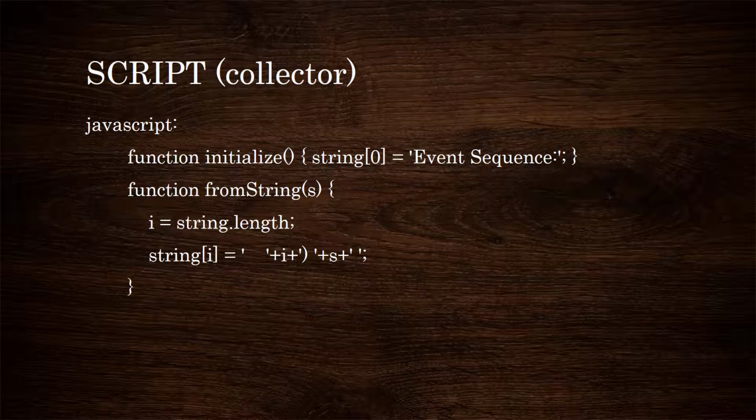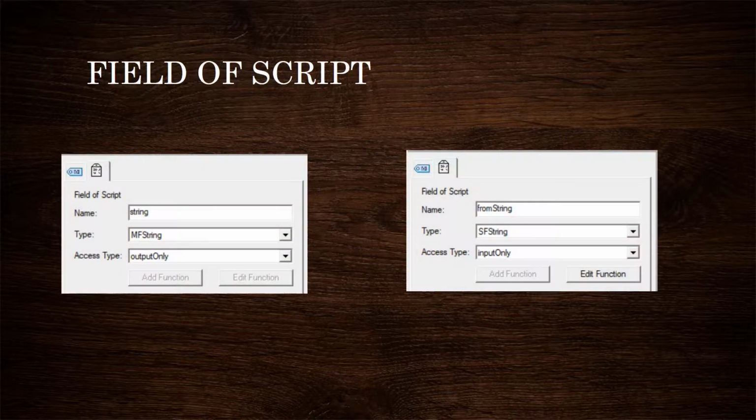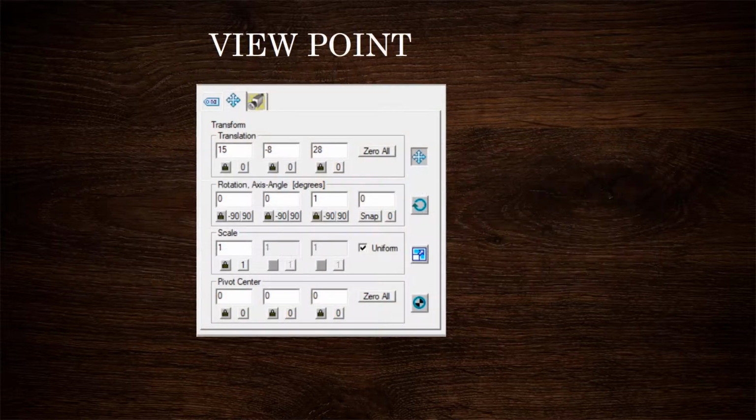Then there will be another script which will be called a collector script, and the collector script will be like this. The collector script will also have two fields like this. Then there will be a viewpoint, that is optional. If you want it to be properly displayed, you can create the viewpoint, but it is not compulsory.